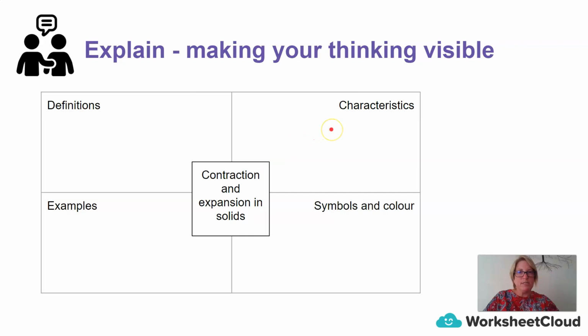What characteristics do we associate with contraction and expansion in particularly solids? And are there any symbols or any colors that you would like to associate with contraction and expansion in solids? And if you make a nice visible thinking diagram like this, that means you've got a nice summary for when you write tests or exams.